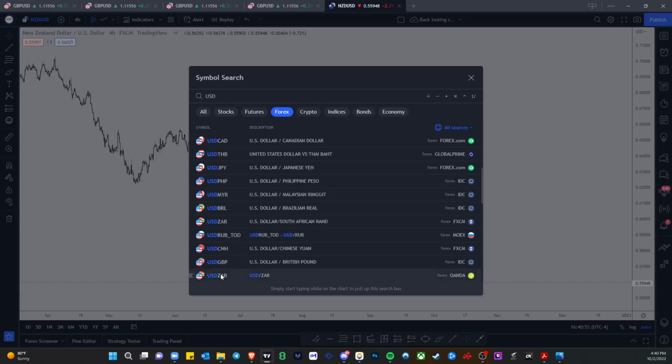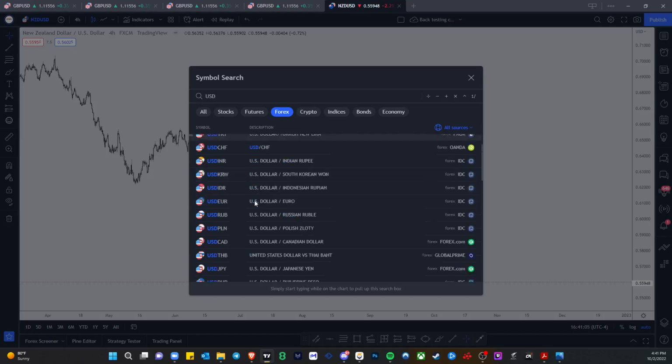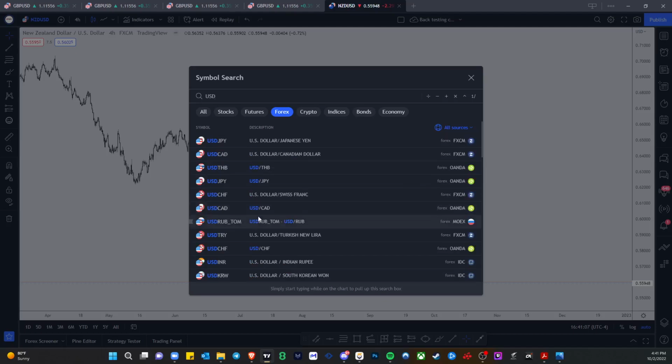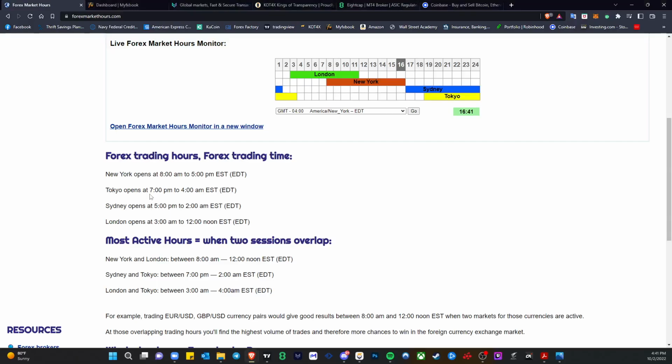All the USDs right here. That would be a good time to trade them, right? But mainly, since you're basically first starting trading, the best pair I would suggest to trade, actually no, never mind. I'm gonna just focus on the hours for now, and then go down the list.